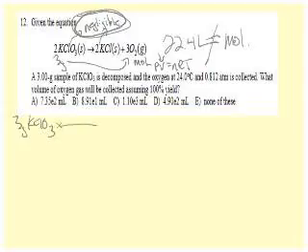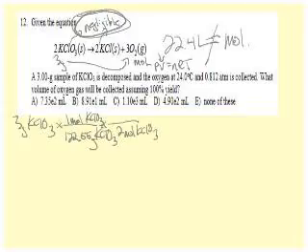So that's 122.5 grams KClO3 per 1 mole. And then using my coefficients, 2 moles of KClO3 gives 3 moles of O2. And that'll give me my moles of O2.